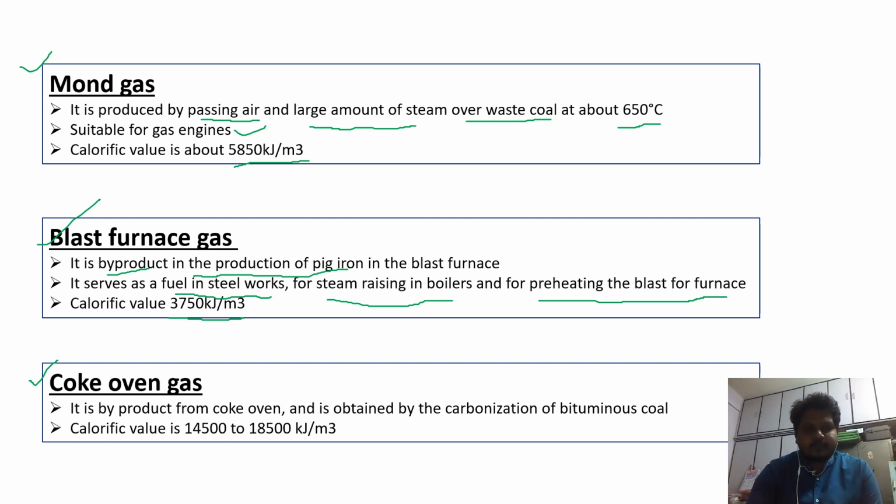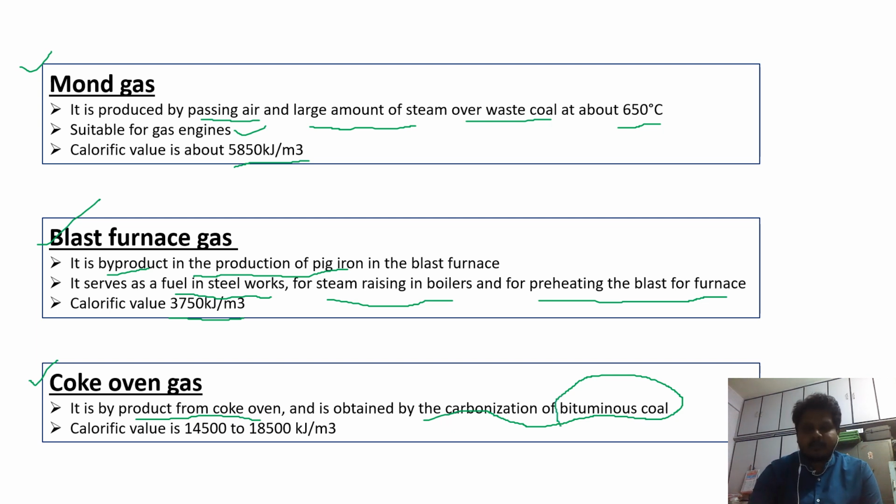The next type is coke oven gas. This is also a byproduct from the coke oven. It is obtained by the carbonization of bituminous coal. We already discussed bituminous coal.